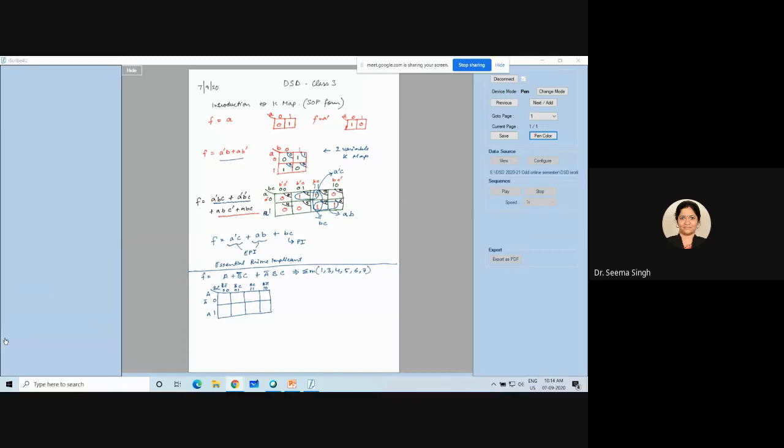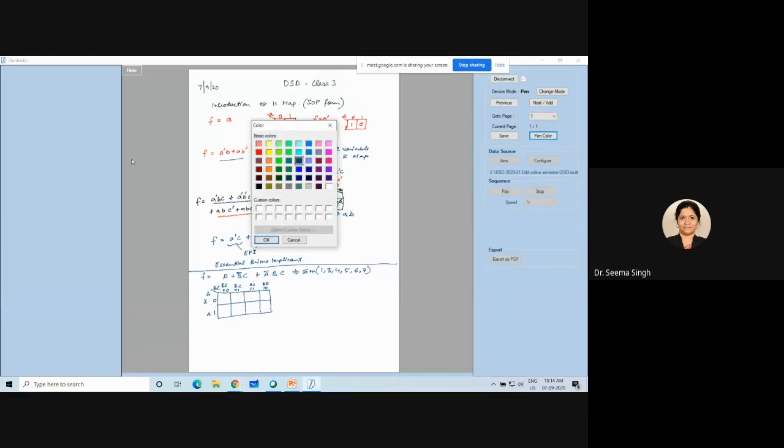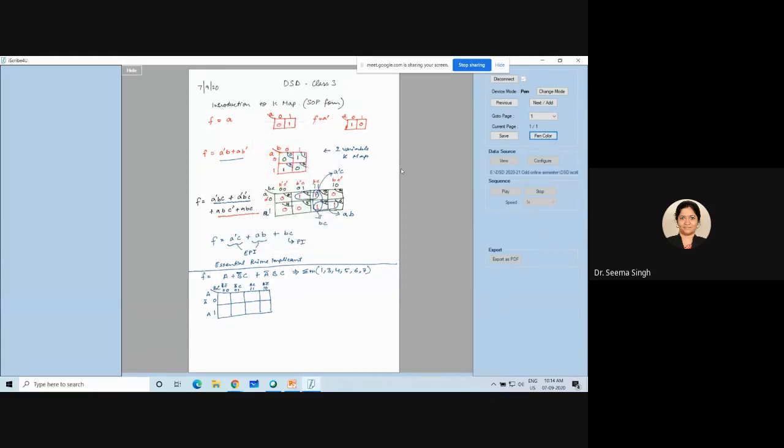Now quickly I will name it so that it is easy for me to fill up. This is the reason why this module started with canonical form. So this is 0, 1, 2, 3, 4, 5, 6, 7. Now you have it in min-term form.